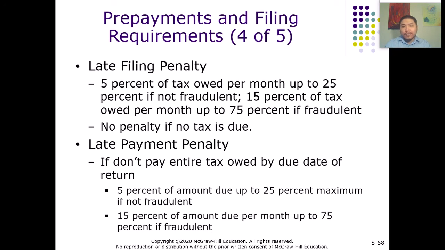And similarly, if they're subject to some fraudulent activities that the IRS somehow figures out, then the penalty is going to increase to 15% of the amount per month, up to 75%.